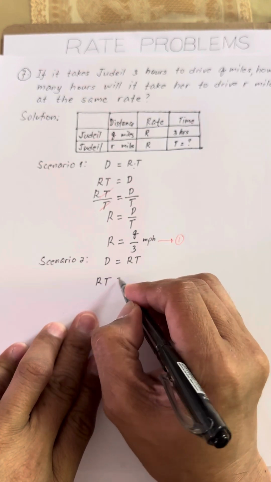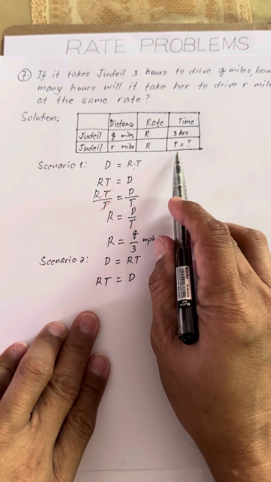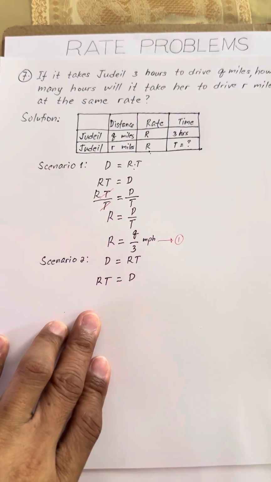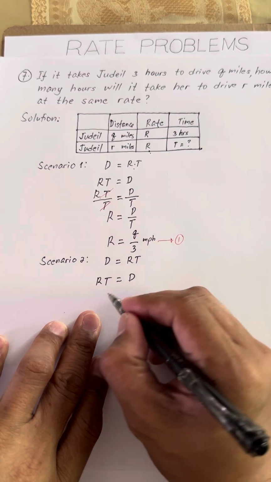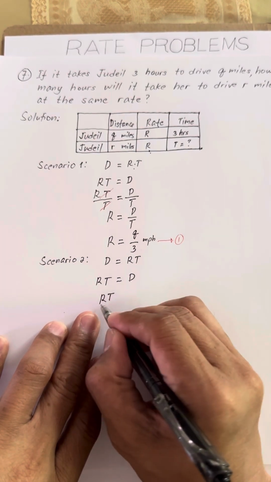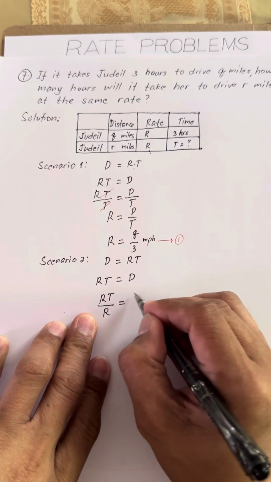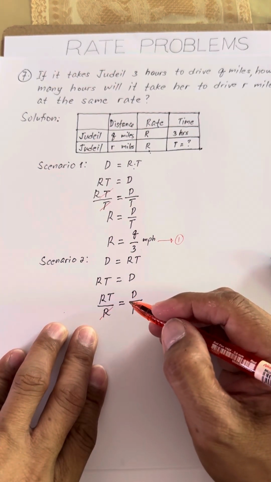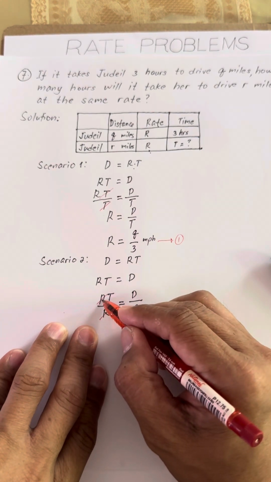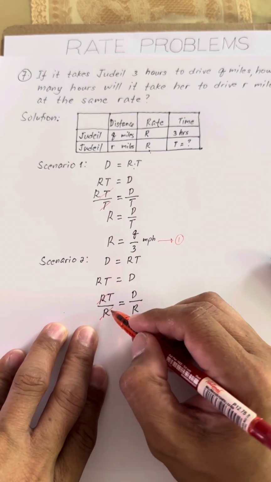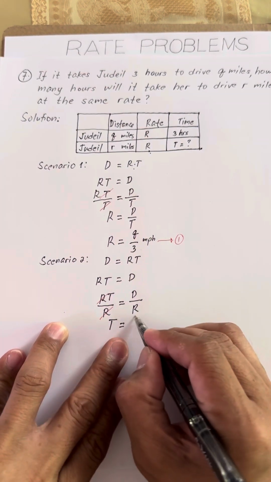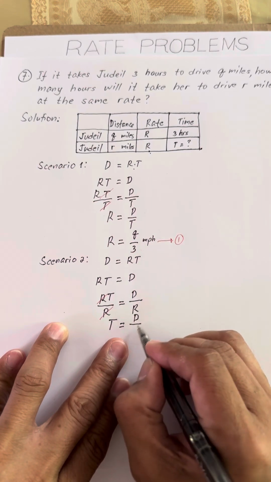R times T equal to D. So we need to solve for T on the condition that the same rate, whatever is the rate here, same rate, then we need to solve for T. Okay, so to solve for T, let's divide both sides by R. So D divided by R. So R cancels out. Numerator cancels out with the denominator. Okay, so only T left on the left side. So T is equal to D divided by R.